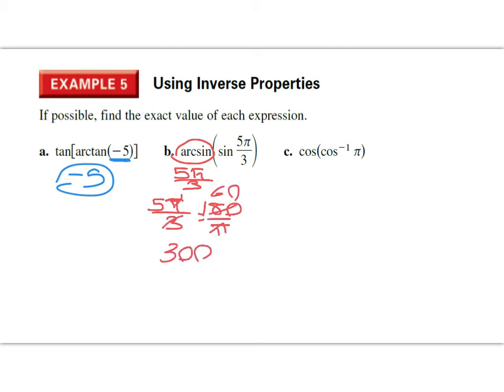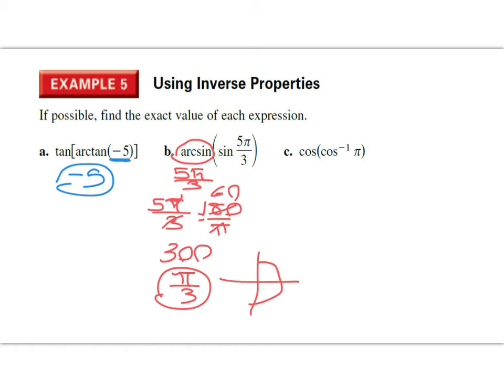That's 300. And with our sine, we were restricted from here to here. Therefore, if we were doing 300, we're talking about the 60-degree function. So the answer would actually be, oops, sorry, my pen went out, π/3, because that fits in our range.